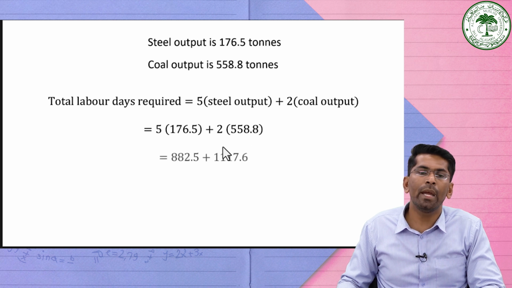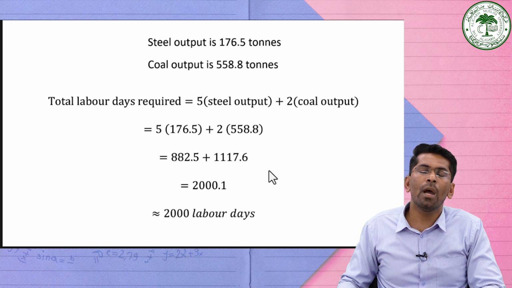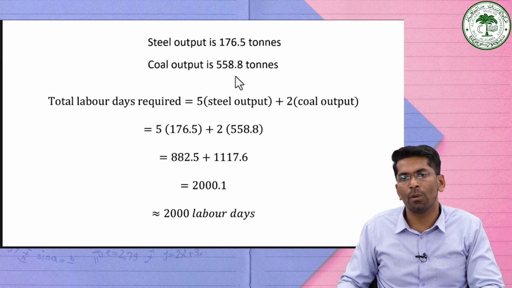If you simplify it, it is 882.5 plus 1117.6, and if you add these two terms, it is equal to 2000.1. We can simply say that 2000 labor days are required for producing 176.5 tons of steel and 558 tons of coal.